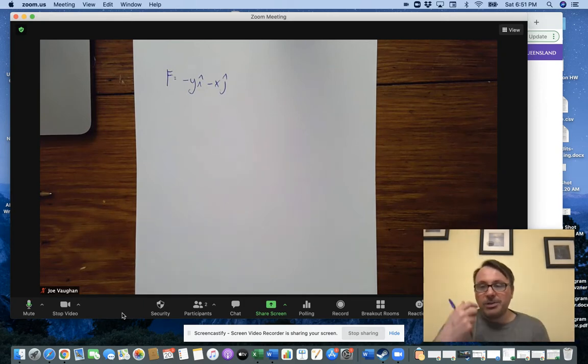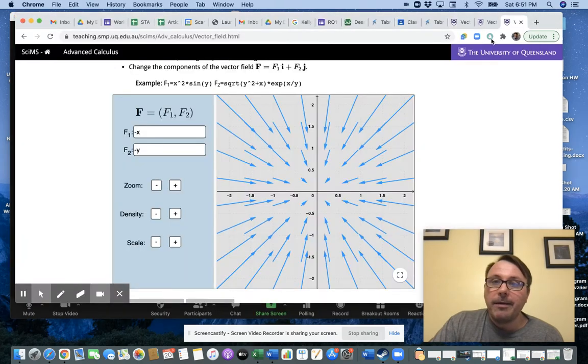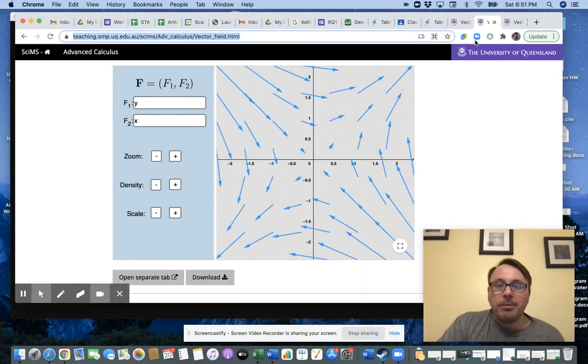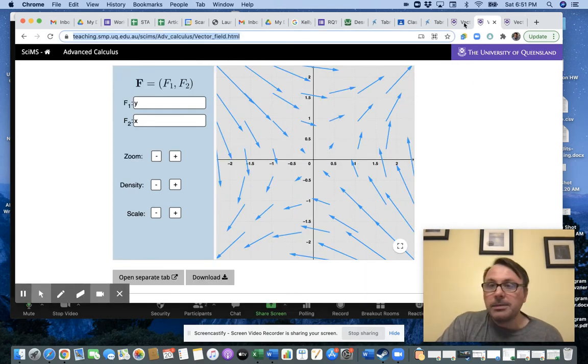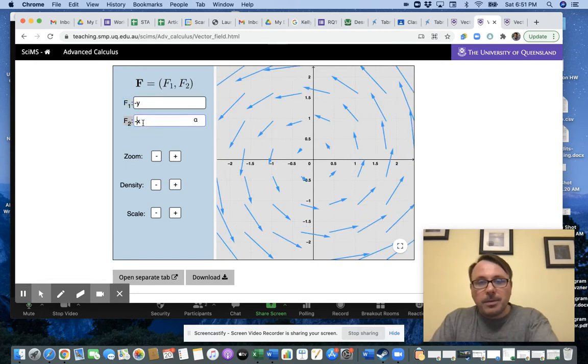So the first thing we want to do is get a flavor for what this looks like. Once again, I'm going to pop back over to my vector field plotter. And you can see that I have plotted, nope, that's going to be the next one we're doing. Oh, I need to put some negative signs in front of those, right? Just so we can get that.